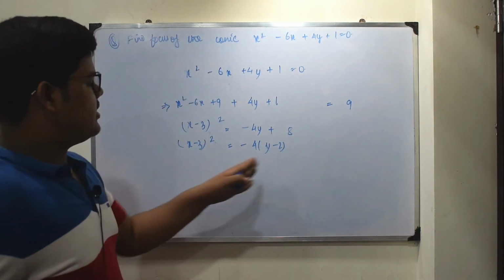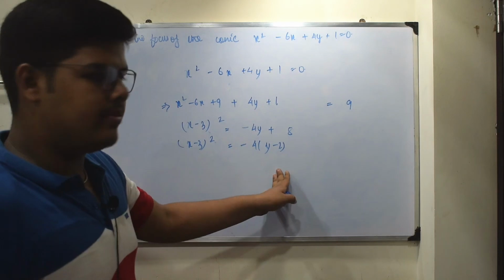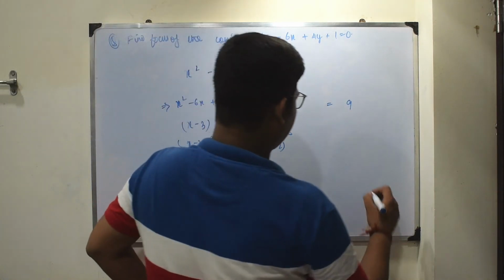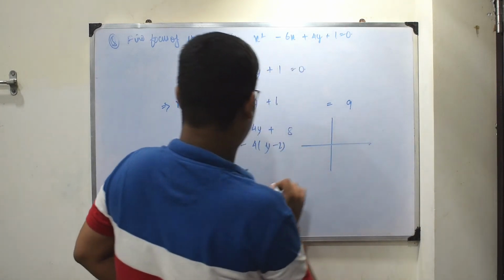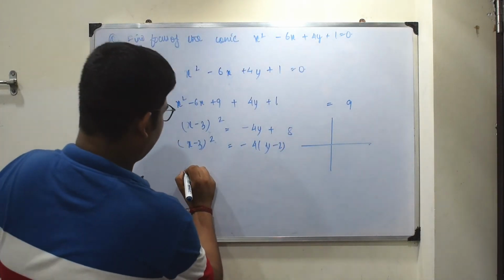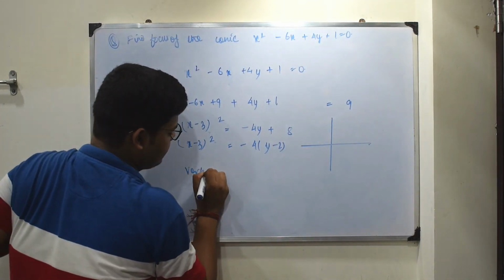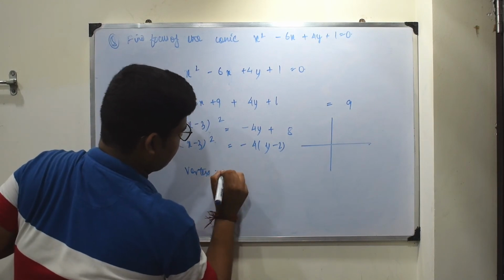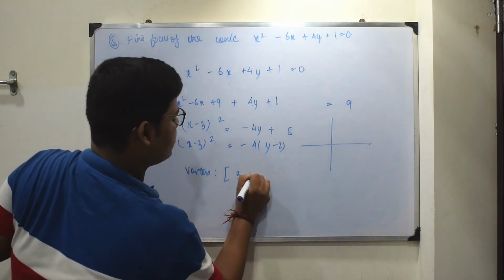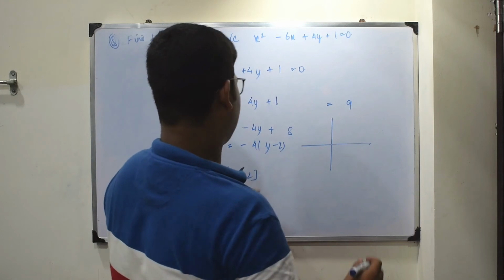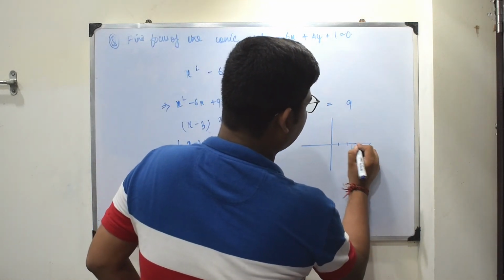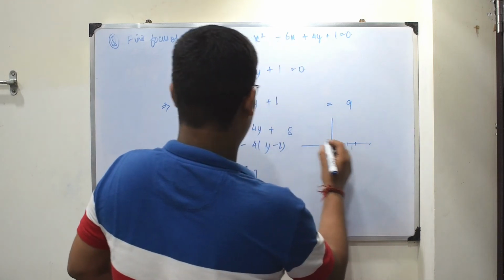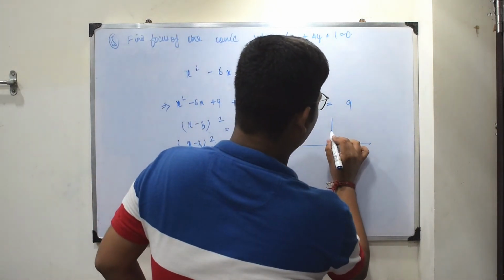We can easily understand that this is the opening downward parabola, something like its vertex is at 3, 2. So 3 is here, like 1, 2, 3. 3 is somewhere here, and 2, 1, 2.